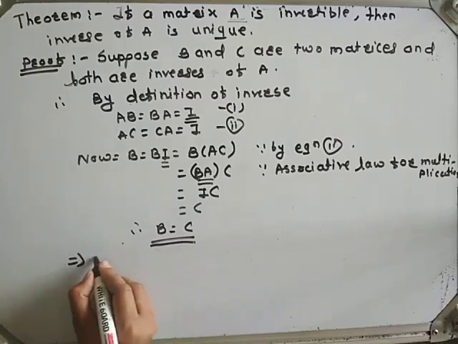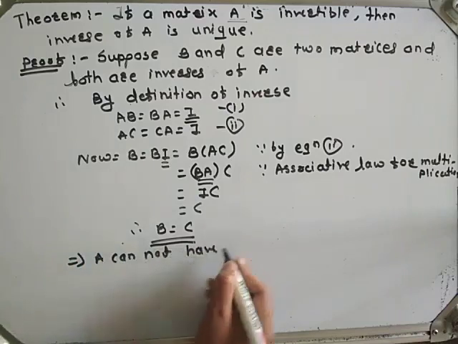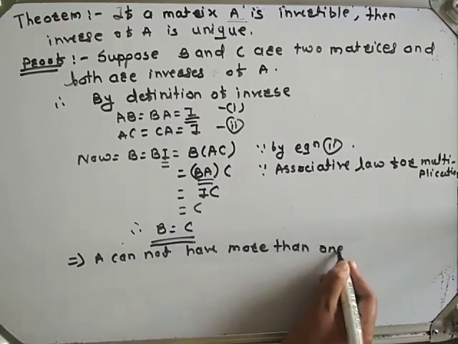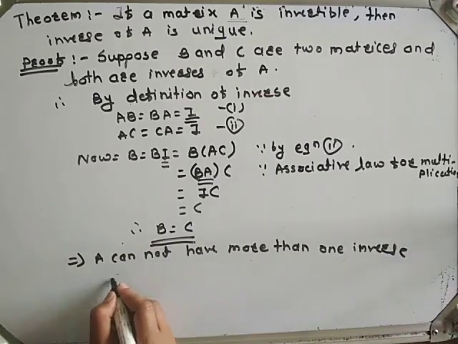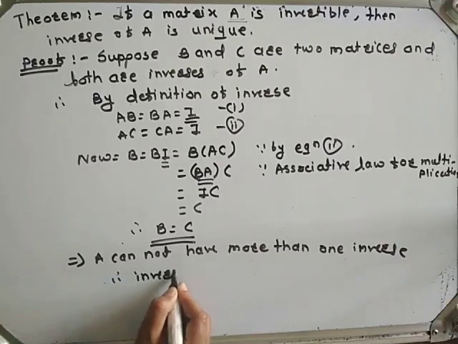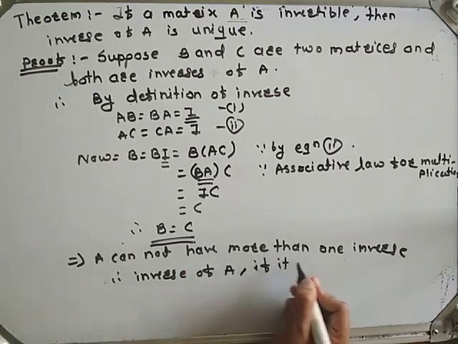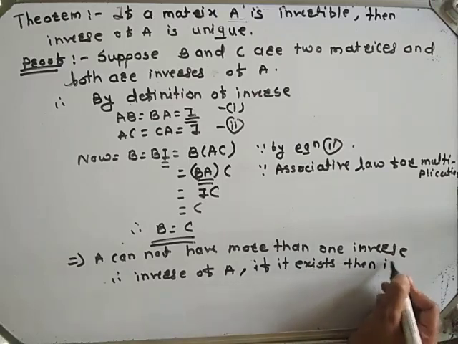That implies A cannot have more than one inverse. Therefore, inverse of A is unique, or we can say that inverse of A, if it exists, is unique.